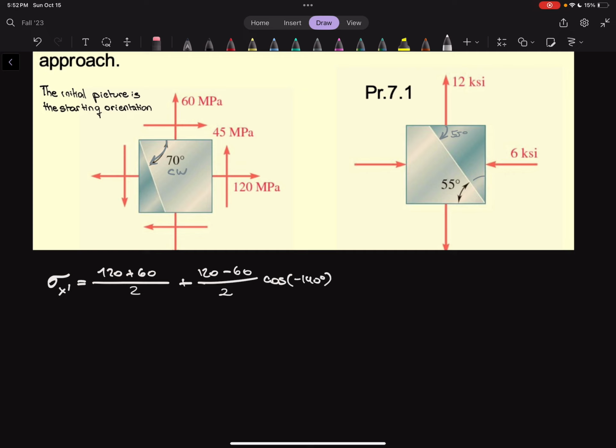So be careful there, that's the only mistake that you could make with this method, plus tau, which is 45 positive, times the sine of minus 140 degrees.